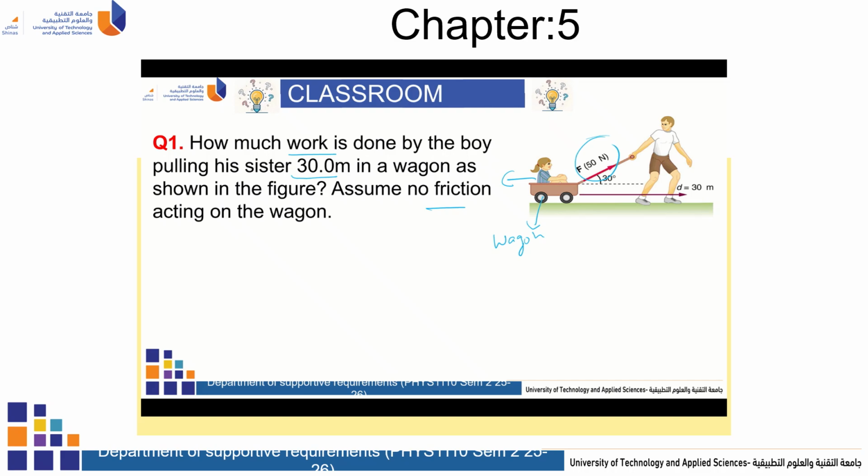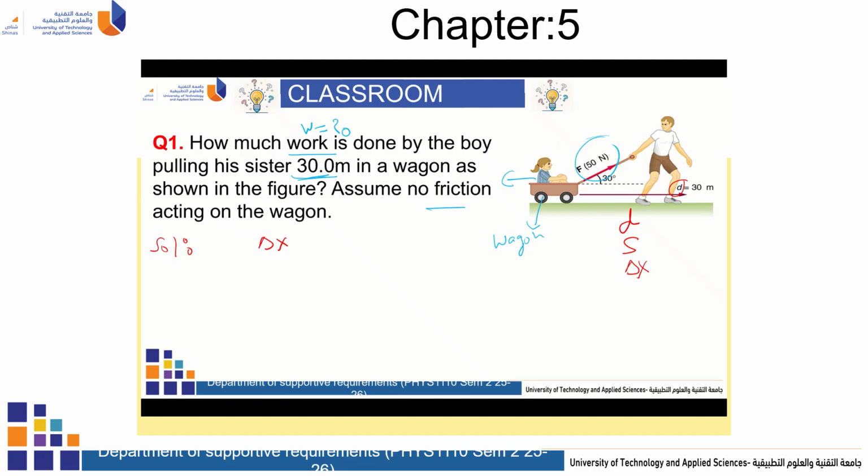Here we have to find the work, and the displacement is given. If you find the solution of this, what is given here? The given is the displacement. Don't be confused: sometimes the displacement is shown by the letter D, in some books by the letter S, and sometimes by delta X. All are okay.